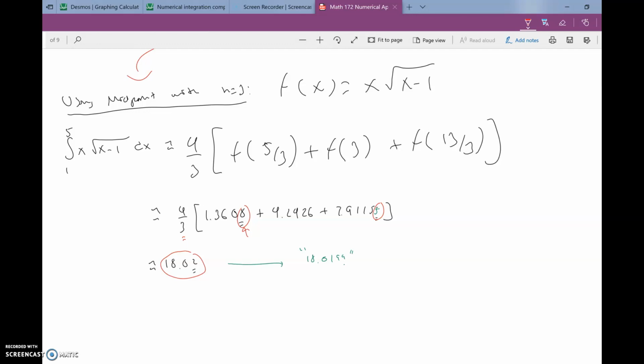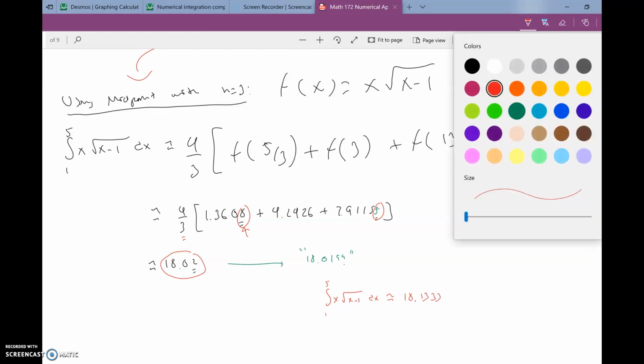The exact value, if we were to actually evaluate the integral, let me evaluate this. Okay, so the actual integral, if we were to use software with a ton of intervals, x square root of x minus 1 dx, would be approximately 18.1333.